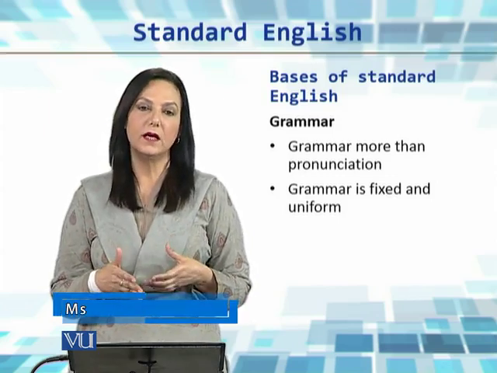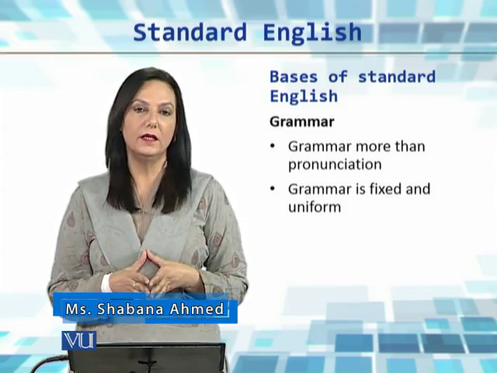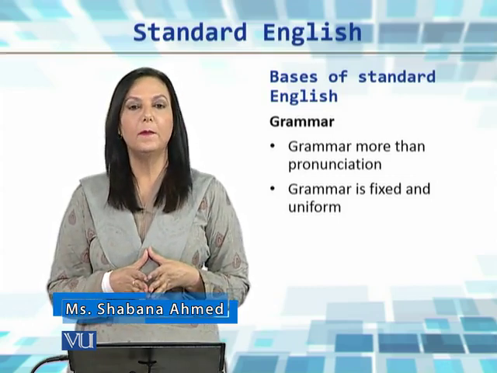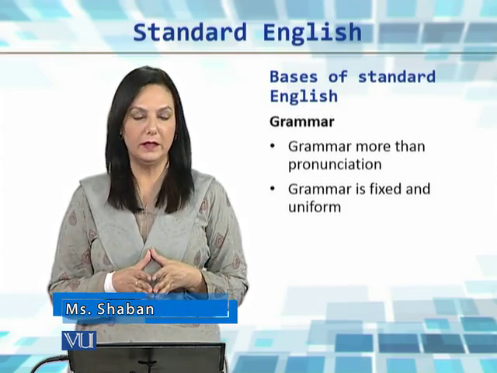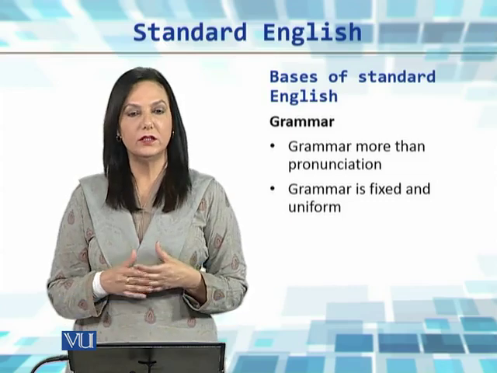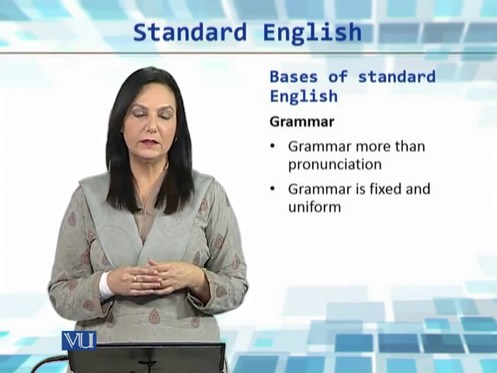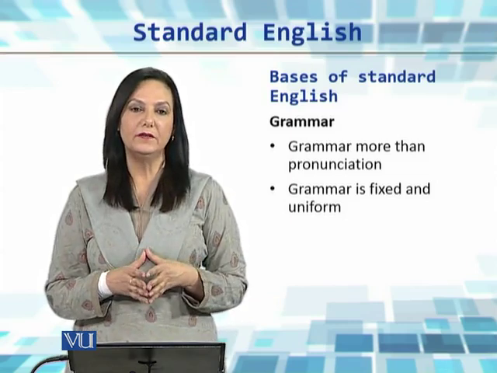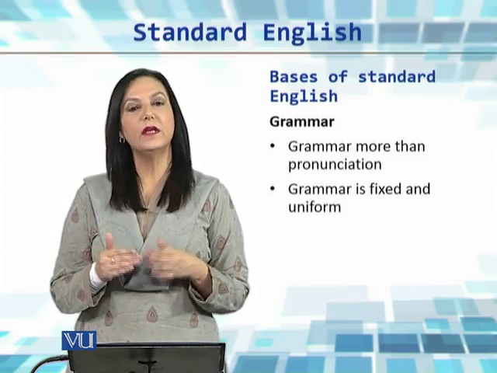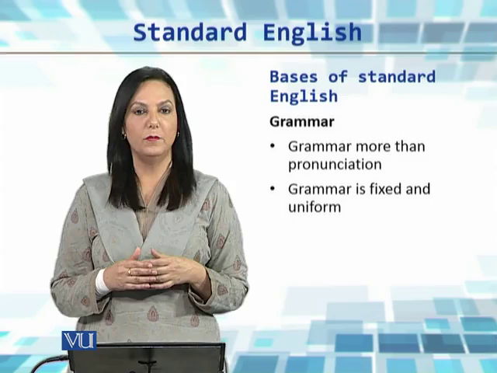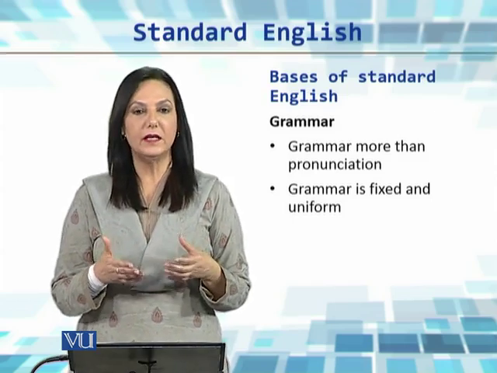This idea was presented as early as 1907 by a linguist, Henry Wilde, and it is cited in Kachru and Nelson. Wilde believed that the grammar of any language is fixed and uniform because we have prescribed grammar books.